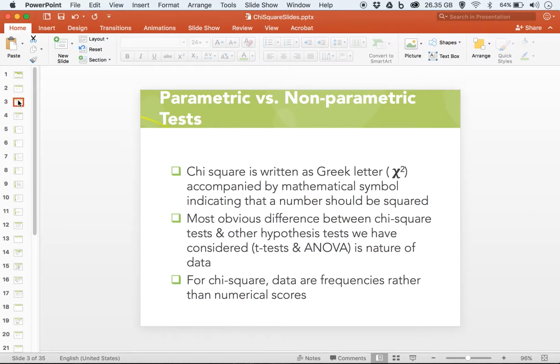Rather than using numerical scores that were on a scale of 0 to 100 and were a ratio level of variable, we're now going to be working with frequencies, which are nominal or ordinal level of data.